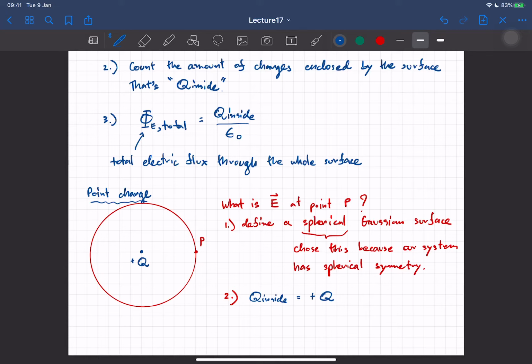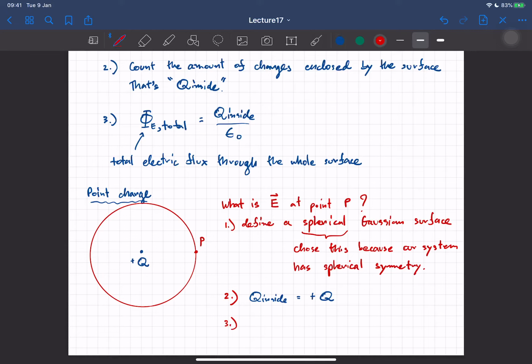Okay, so there's nothing crazy here. There's only one charge, which is plus Q. So the Q enclosed by this spherical surface or a balloon is just plus Q, right? And then the last step is to write down the total flux.